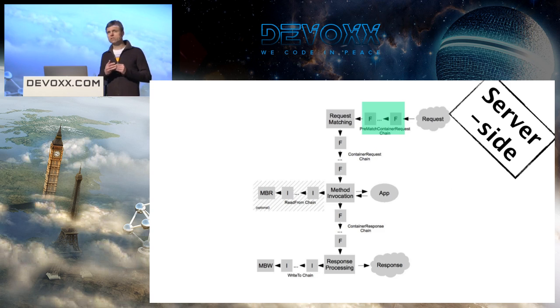That means when JAX-RS is handling a request, what it does first is try to find the correct resource based on the annotations on the resource methods, and based on the content type and accept header the client has sent with the HTTP request. And this is happening in the pre-matching phase.